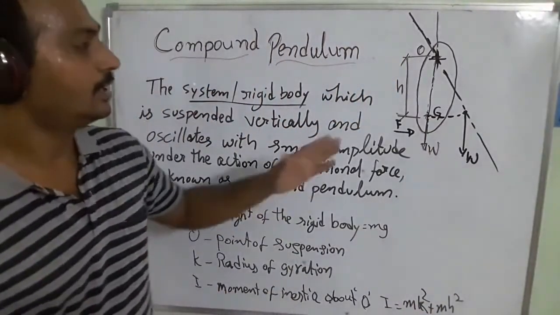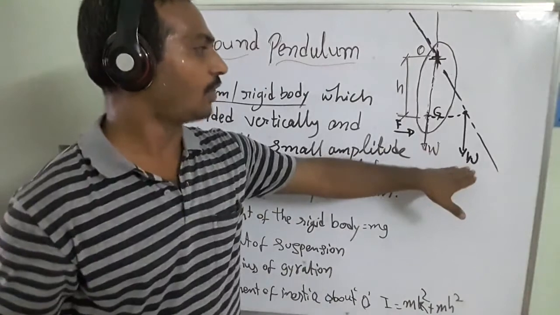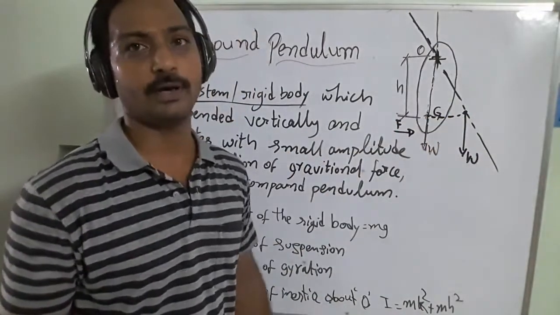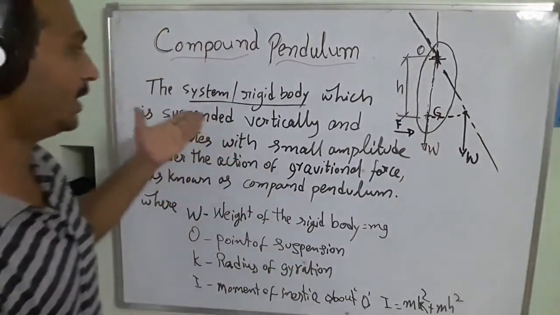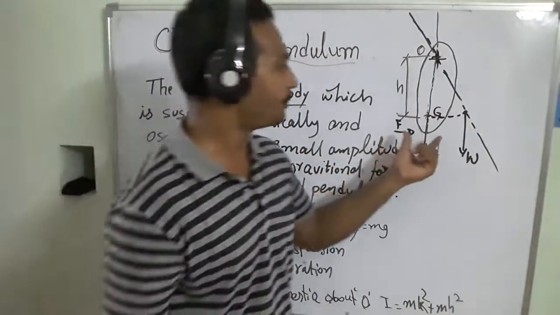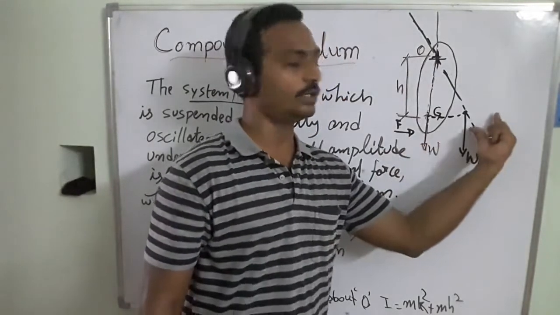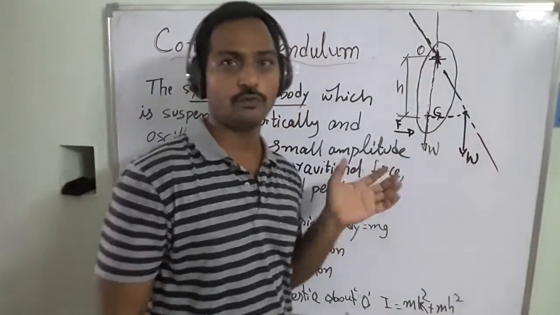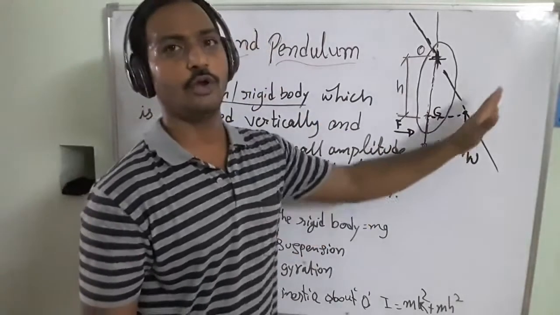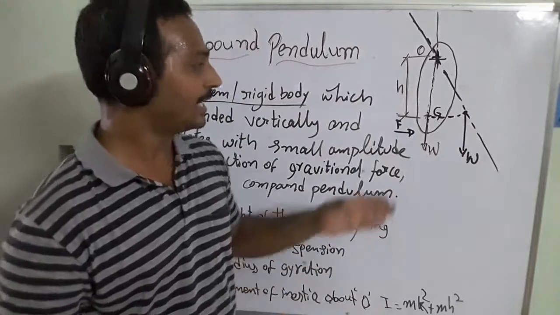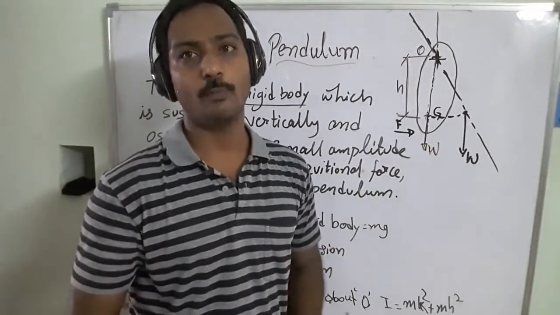I resolve this into a component along the axis of the member and a component perpendicular to the axis of that member. So, after giving the initial displacement to the system, the object reaches the new position. Once you remove that force, it automatically oscillates under the influence of the gravitational force. Then we can say that the system is a compound pendulum.